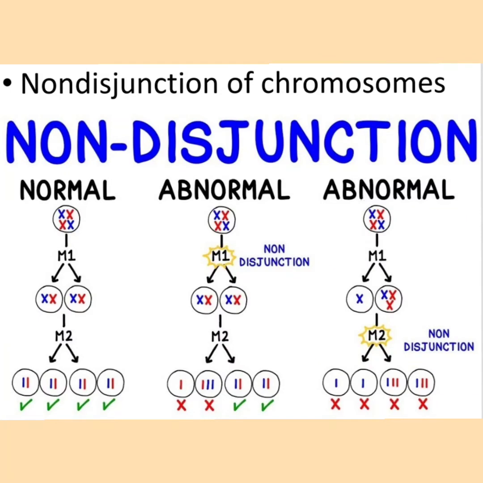Now, non-disjunction of the chromosomes can also be studied by karyotyping. You can see on the left side the normal separation of the chromosomes during meiotic divisions. Whereas in the center, in the first meiotic division there is non-disjunction of the chromosomes, so the resulting cells will have one chromosome in one cell and three chromosomes in another. Similarly, on the right side you can see abnormal disjunction in the second meiotic division.